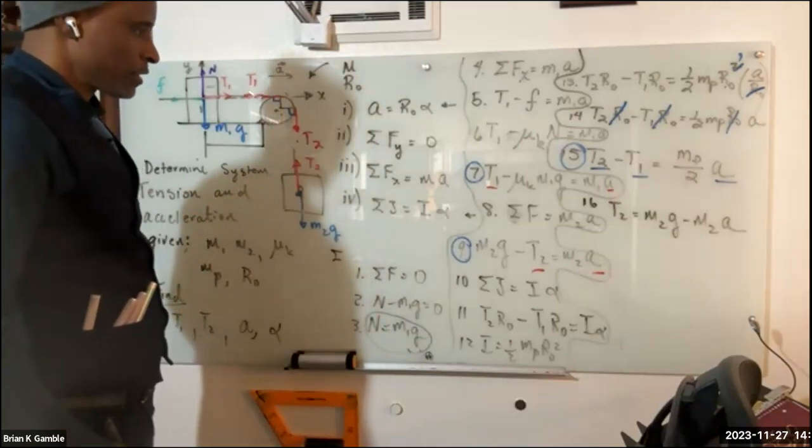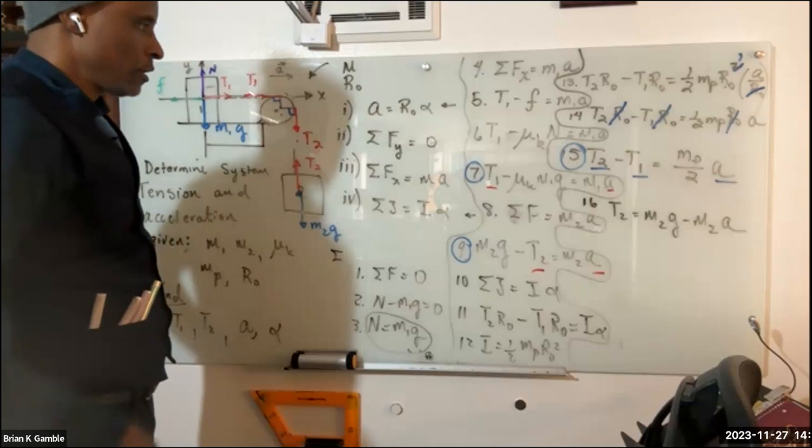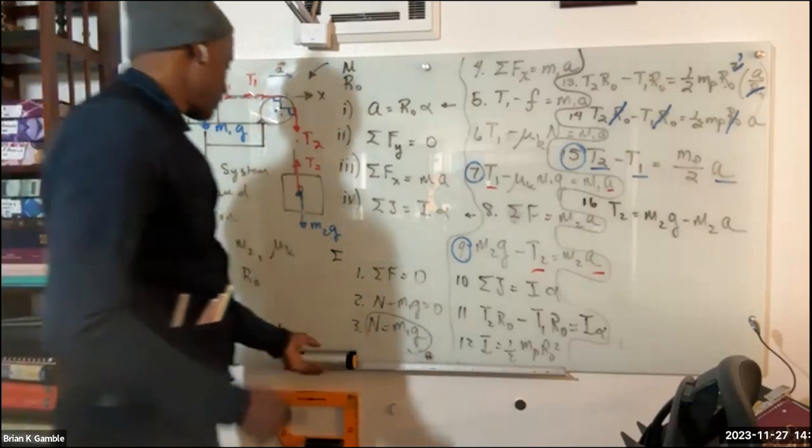So basically putting 16 and 7 into 15 gives the following equation.